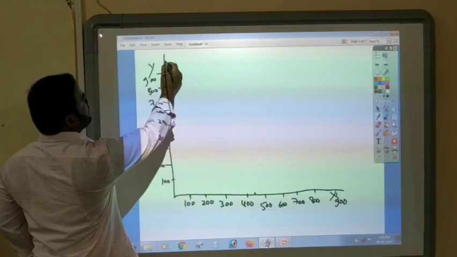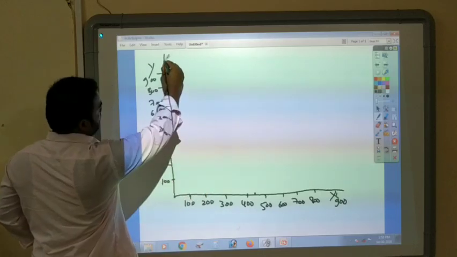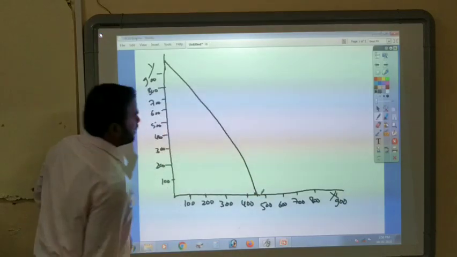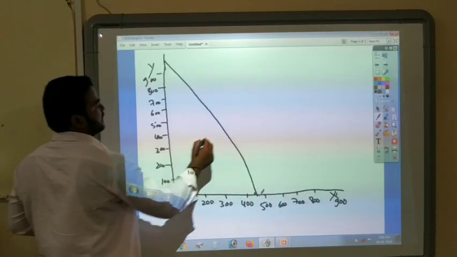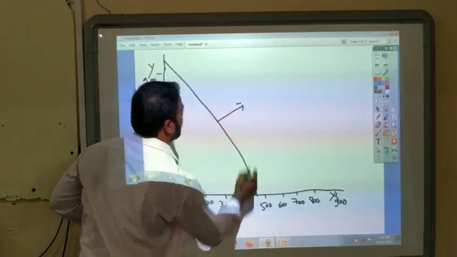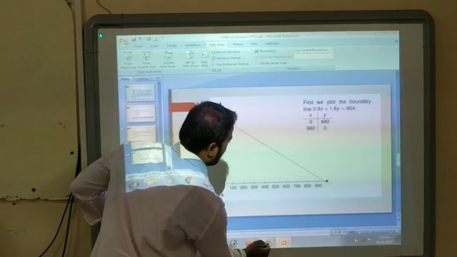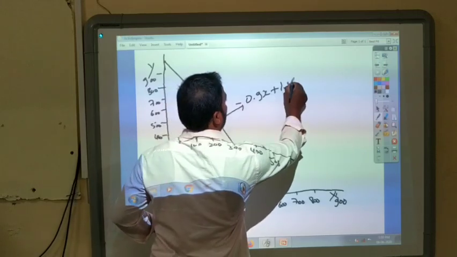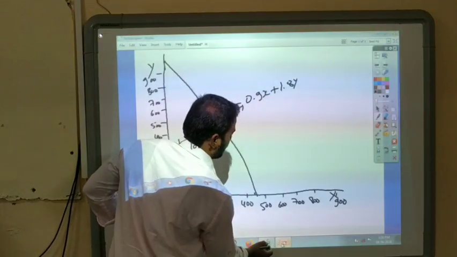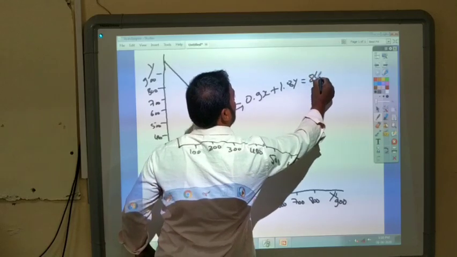Now we are connecting both the points with a line. So this is for equation 1.